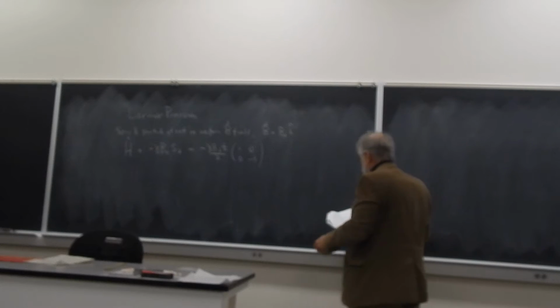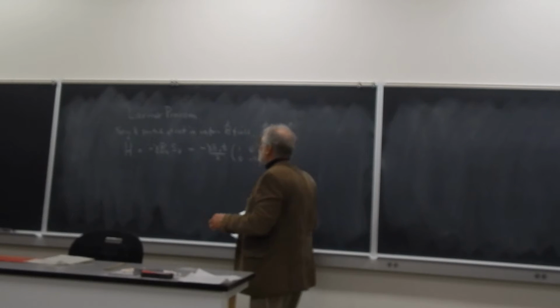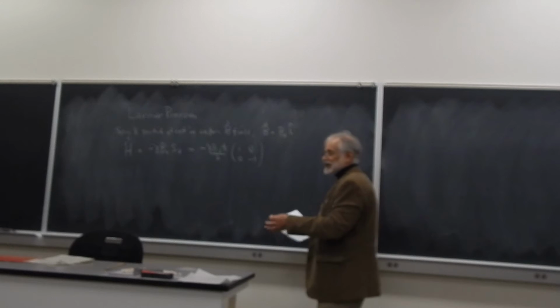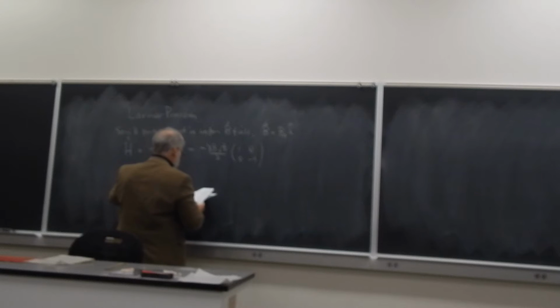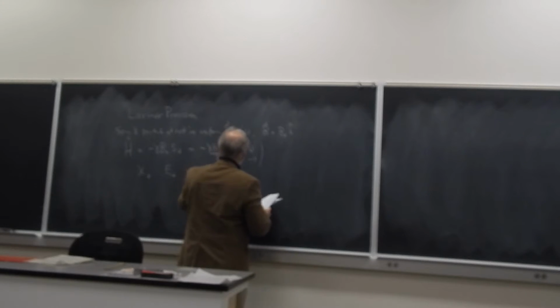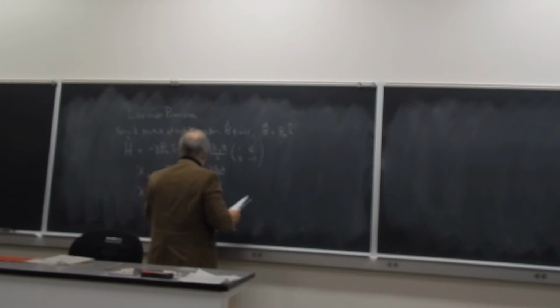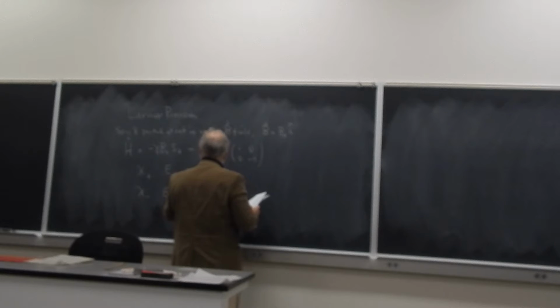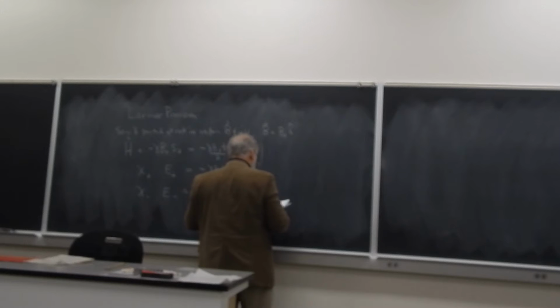What we want to do then is to work out the eigenstates. They should be the same for the Hamiltonian as they are for S sub z. So I can write chi plus with energy E plus equal to minus gamma B naught h bar over 2, and chi minus with eigenvalue E minus equal to plus gamma B naught h bar over 2.